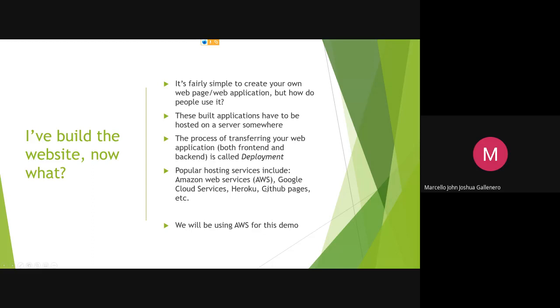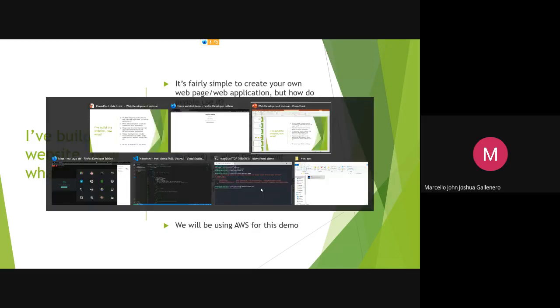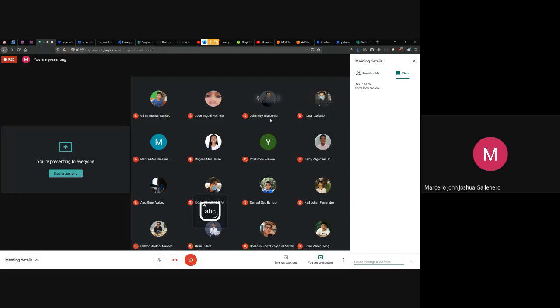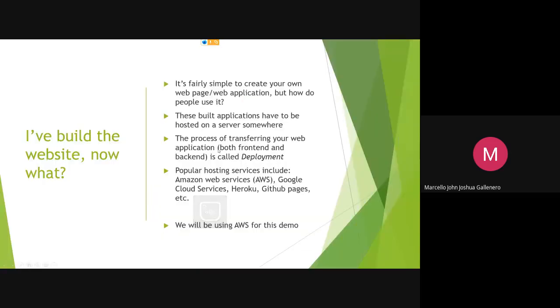Yung sa example ni Zaldy kanina, di ba, na-access na yung kanyang website online. I-deploy niya yun through GitHub pages, if I'm not wrong. Hindi ako sure. Correct me if I'm wrong lang, pero yes, i-deploy niya through GitHub pages. Pero para sa atin, we will be using AWS kasi fairly madali lang siya.